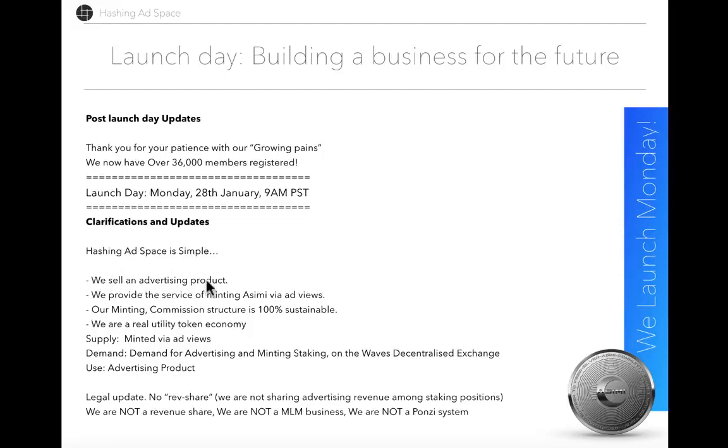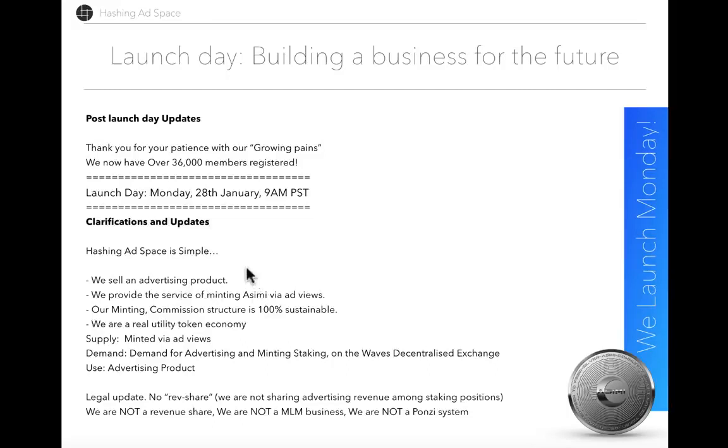This is what we sell. It's advertising. So it's impressions that we deliver through our ad minting system, through our login ad system, and through our banner ad system. And we'll be adding other advertising products as we proceed. So this is our product and this is how the company makes money. This is how we pay for our operating costs. Not that it has started yet, but after launch, this is how we will pay for our operational costs of the company.